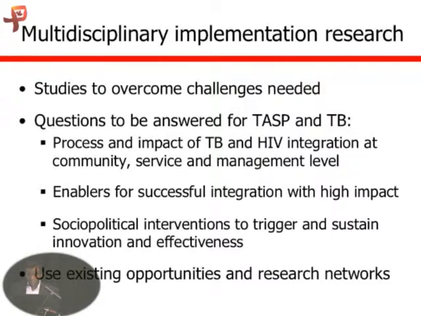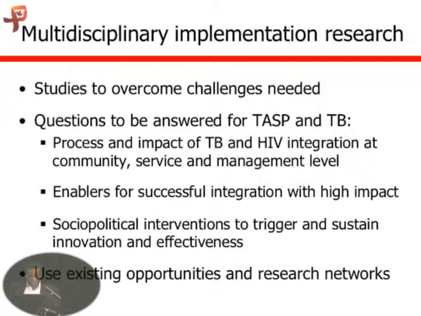And related to this is also the need for multidisciplinary research. We don't know really what this integration will lead to, what is the impact, and there are quite a lot of questions, especially if we use TasP and TB in this context, that we should know. We should know the process and the impact at all community, service and management levels.